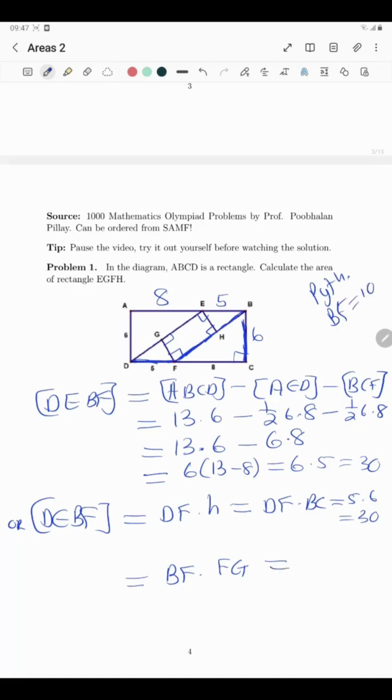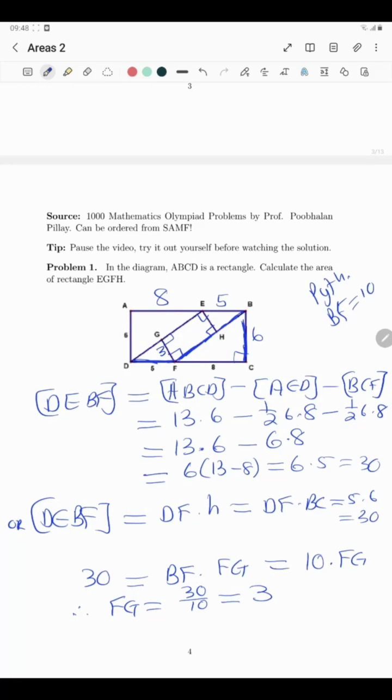So the area of the parallelogram is also 10 times FG, and we know that the area of parallelogram DEBF is 30. Therefore, we know that FG has got to be 30 divided by 10. You don't need a calculator for this. The answer is 3. So we know that GF is 3 units.